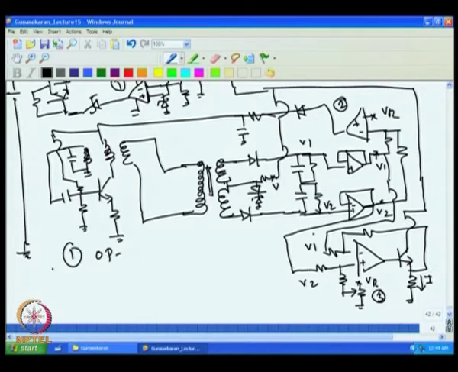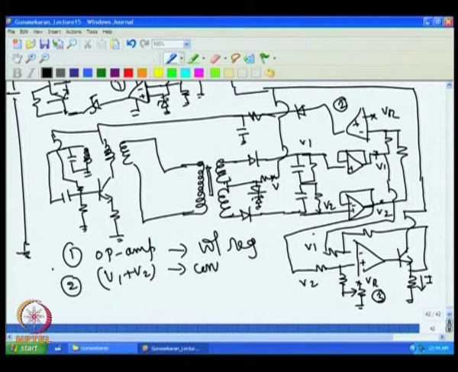So, the op amp 1 is a voltage regulator, op amp 2 makes V1 plus V2 constant.